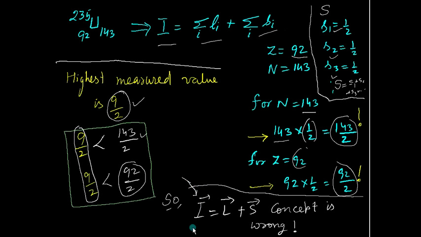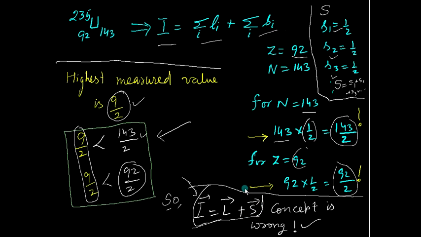So does this mean the concept I is equal to L plus S is wrong? If the value of only S is greater than the value measured experimentally, is this concept for determining the nuclear spin I equal to L plus S wrong?